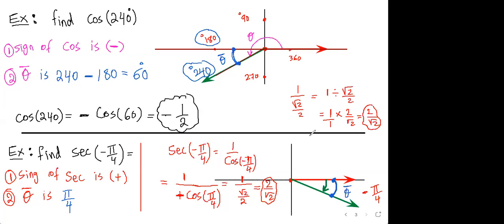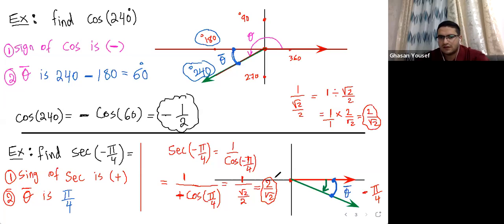Mayasha, can you please explain how you get the angle? Which angle? The answer here, 2 over square root of 2. The acute angle, this one. Okay, so my angle here is minus pi over 4.